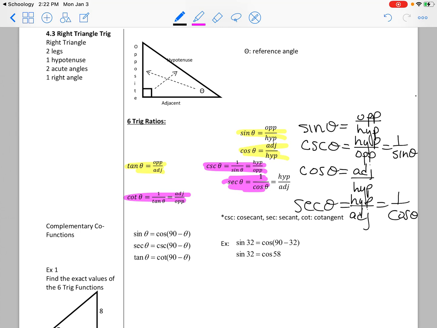Now, I know you have sine, cosine, and tangent memorized, but probably not secant, cosecant, and cotangent.